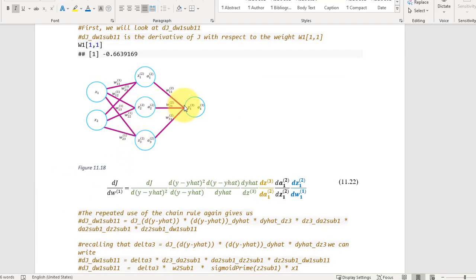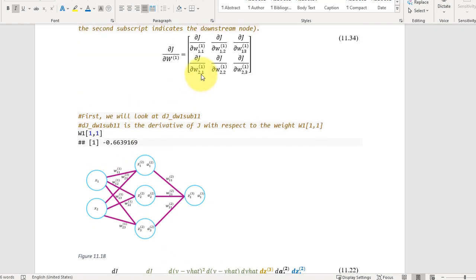But what's going to be the difference between this one, say, and this one? This would be called W21. So what's the difference? And by the way, where is that? W21 is here. So what's the difference between this one and this one, or this way and this way? Well, actually everything is the same. If you go here, here, here, and out to J, or you go this way, the only difference is that here we're going to have x1, and here we're going to have x2 at the end.